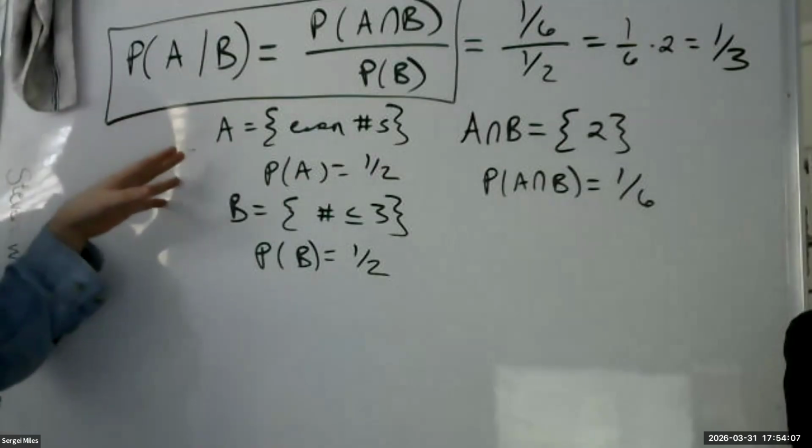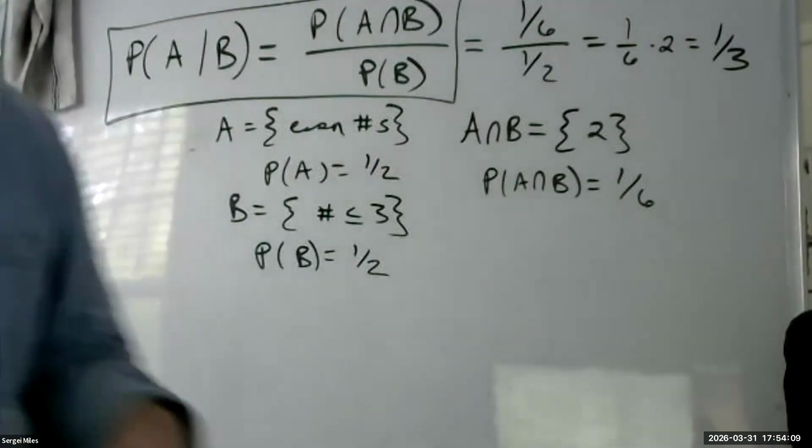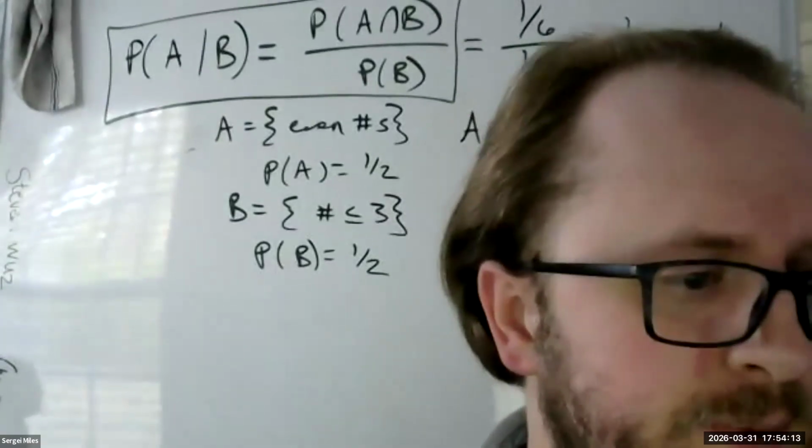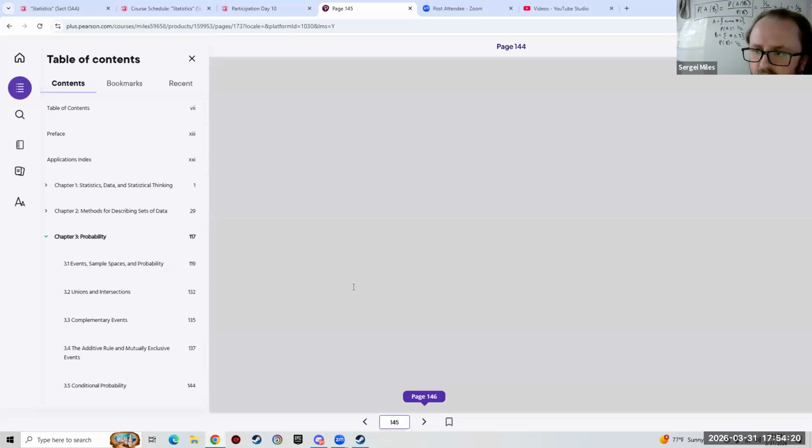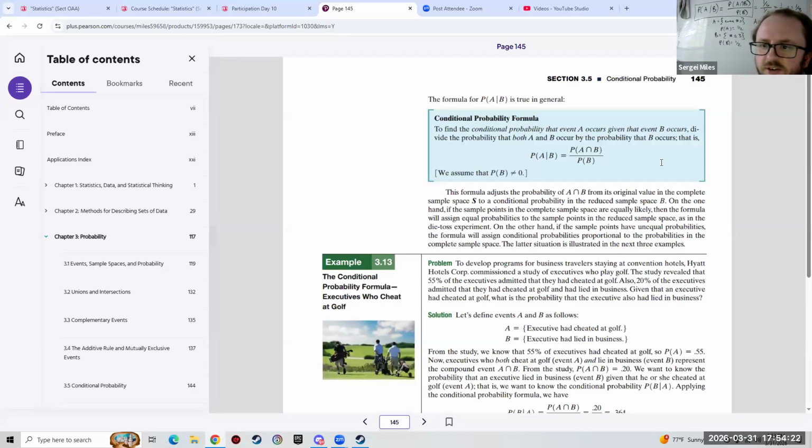All right. So we have this here for us. I'm going to switch back to the screen for the textbooks. Let me share my screen again. All right, and so here's our definition for conditional probability.